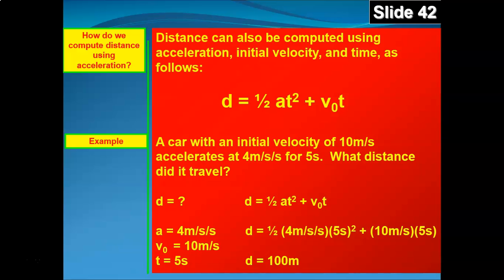You simply plug in the numbers. 1/2 times 4 meters per second squared, the acceleration, times the time squared. So for 5 seconds, you square that number. Then you add the initial velocity, v0 is 10 meters per second, times the time, which is 5 seconds. Anyway, you end up with 100 meters. That's how far it traveled in 5 seconds.